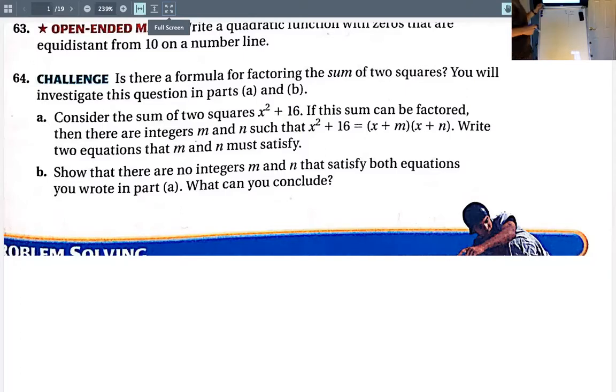It's 8:30. We're going to get started. Okay, so the simple solution to that problem was this: x squared plus 0x plus 16. You're trying to find two numbers, an m and an n, that multiply to 16 and that add up to 0. So when you list your factors of 16, you could have -1 times -16, or 2 times 8, -2 times -8, you'll see there's no way to get a positive 16 unless both signs are the same.